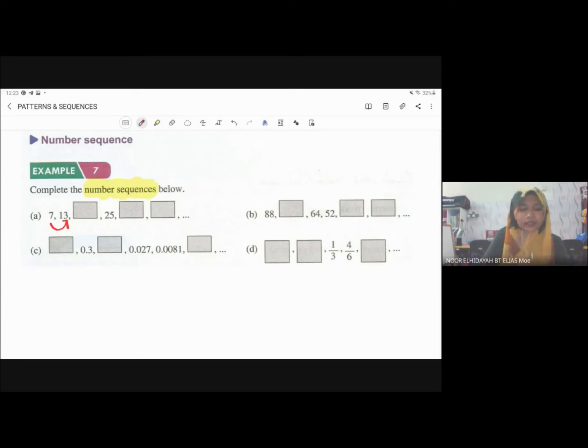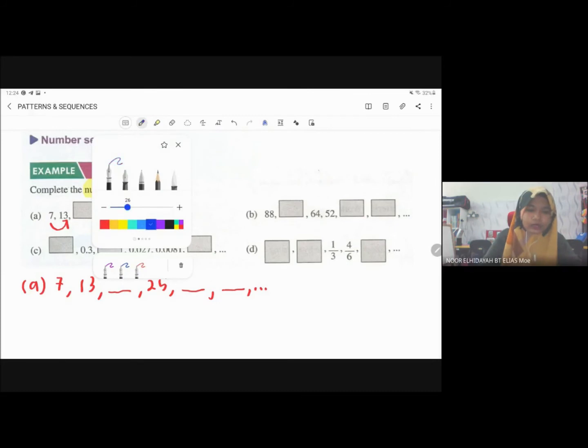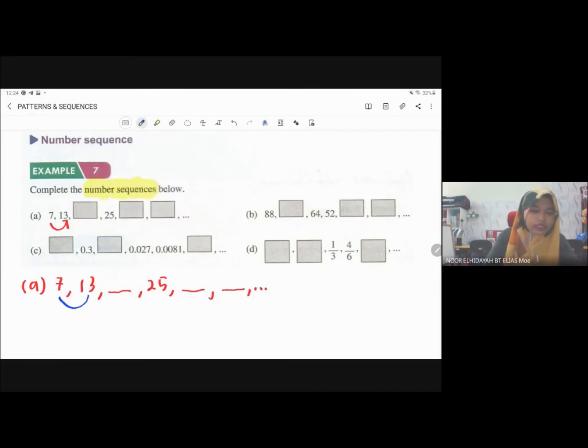Cikgu salin semula di bahagian bawah ni: 7, 13, blank, 25, blank, blank, and so on. Titik 3 ni bermaksud and so on. So 7 to 13, how you get from 7 to 13? It is adding 6.